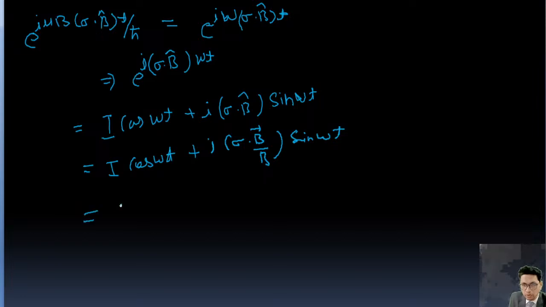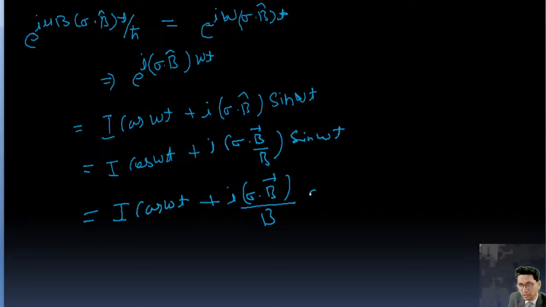So it is going to be iota cos omega t plus, this is I cos omega t, okay? It's unit matrix, identity matrix. Iota sigma dot vector b upon b sine omega t. Okay, so this is the answer.